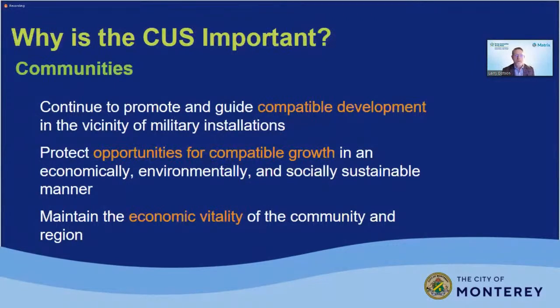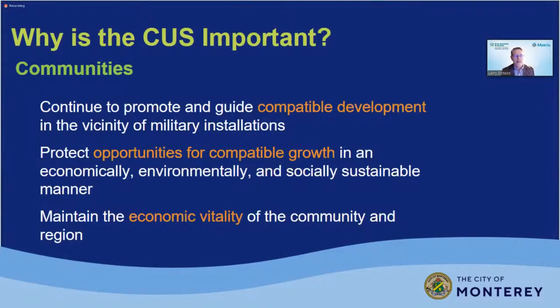So the purpose of the study is to promote compatible development in the vicinity of military installations, with the long history of Presidio Monterey being one of the first footprints on the peninsula, and then later the arrival of the Naval Postgraduate School.